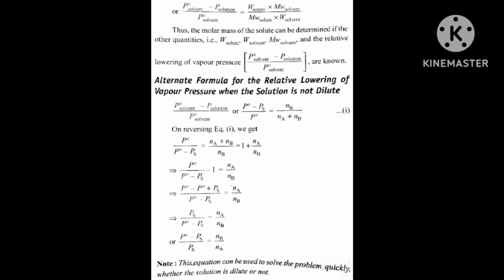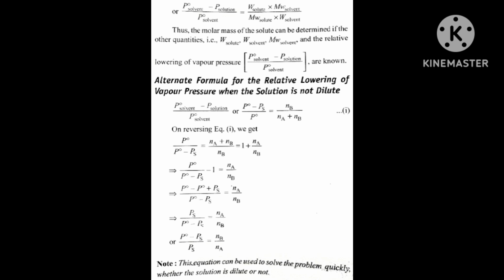Then you will get delta P1 is equal to P1 naught into x2. This is the second important relation: delta P1 is equal to x2 into P1 naught.